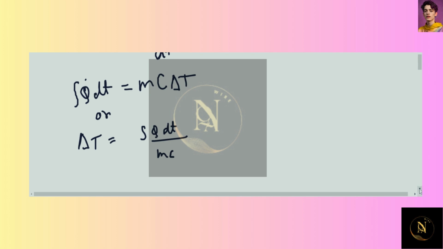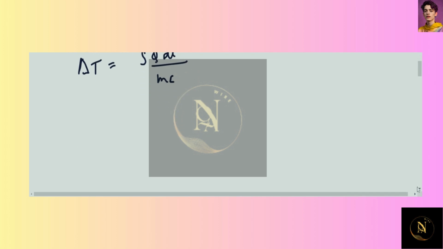Now integration is done by Simpson's rule, so we get the integral value equal to 40037 kJ, and the integration is done by Simpson's rule.